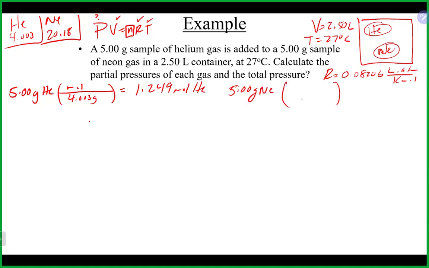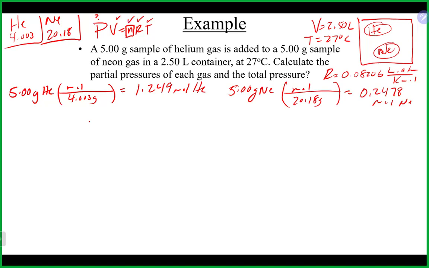We'll do the same thing for our neon, which is 5 grams of the neon. And again, using the molar mass here, 20.18 grams per mole. That's going to get us 0.2478 moles of neon. So now that we have the moles of each gas, we really have everything that we need to use the ideal gas law.